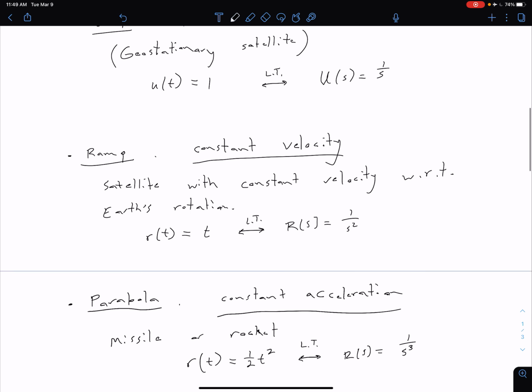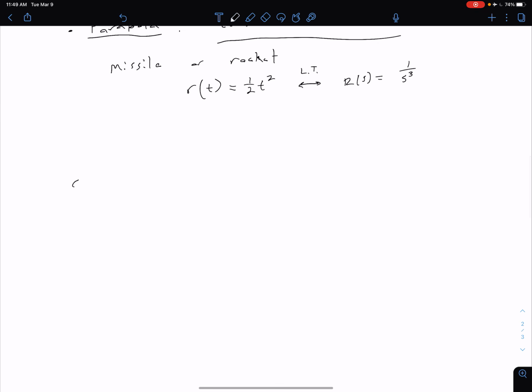One very important thing to note is that our system has to be stable for any discussion of steady state error to be relevant. So our system must be stable for our steady state error to be relevant.